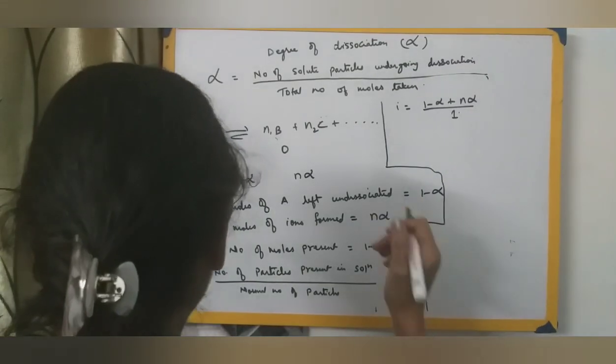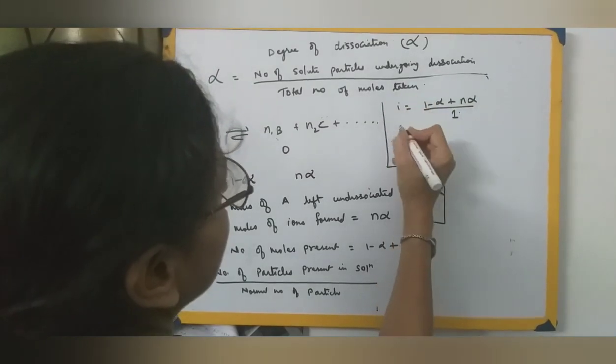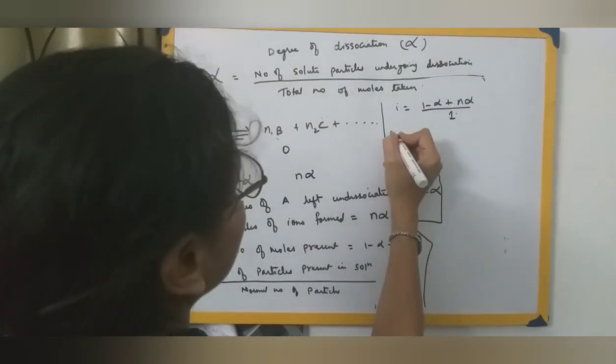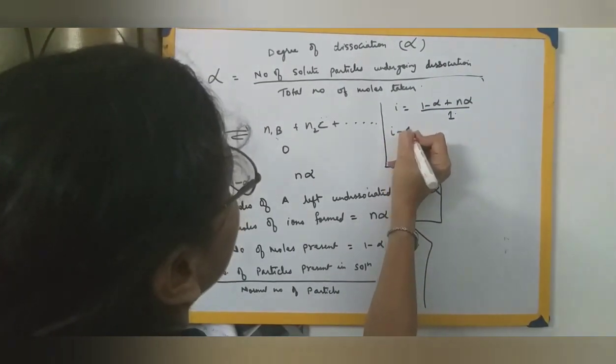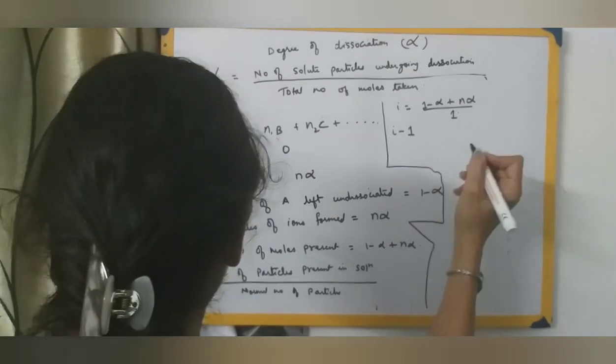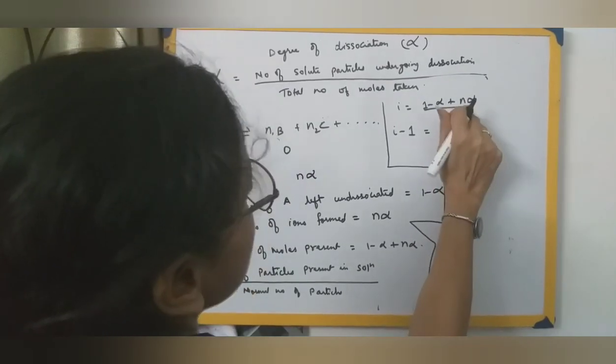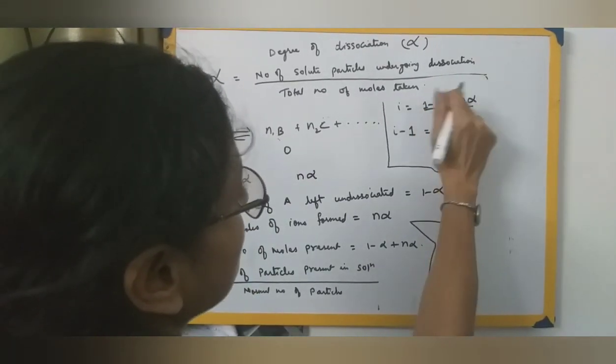Now we'll bring this 1 to this side, so it becomes minus. So i minus 1 is equal to n alpha minus alpha. We are just rearranging it.